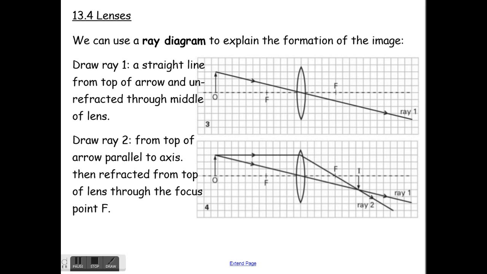Depending on where the object is, whether the object is here, on this side of the focal point, or even farther, the image will be in different places. Sometimes it might even be right side up, sometimes it might be a virtual image over here. It all depends on where the focal point is compared to where the object is.